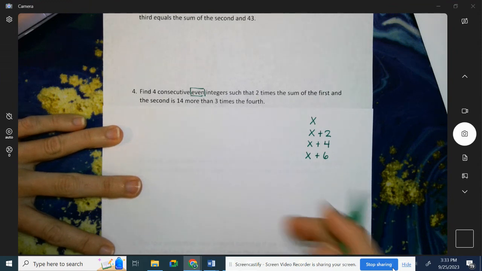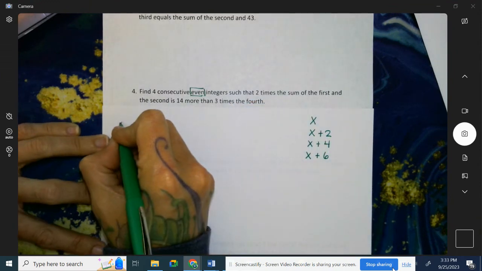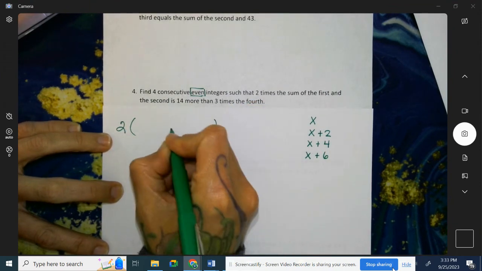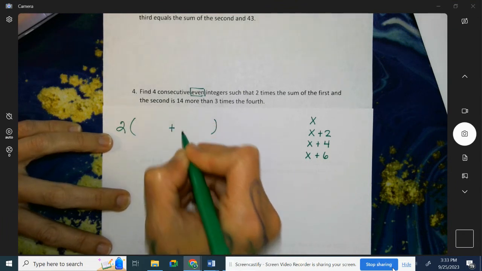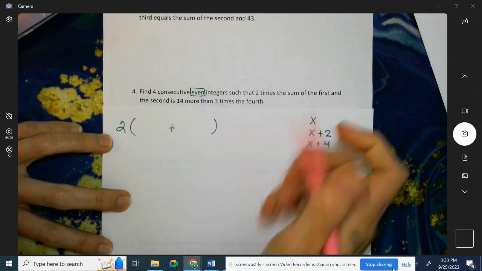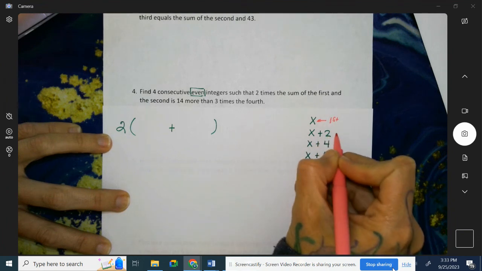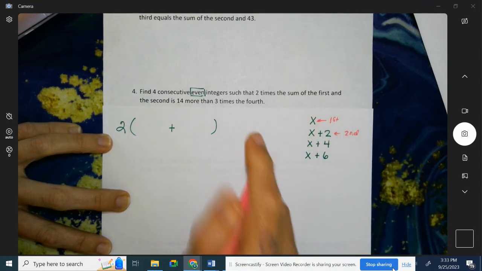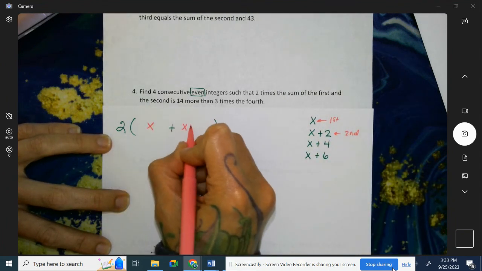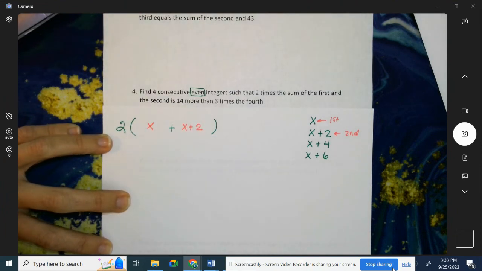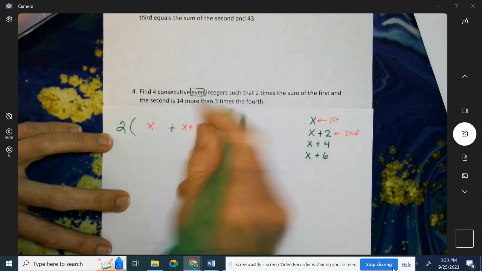Now, here comes the fun part. Such that 2 times the sum of the first and second. So this is the first one, this is the second one. So first and second, x and x plus 2, is 14 more. So it's 14 more than.